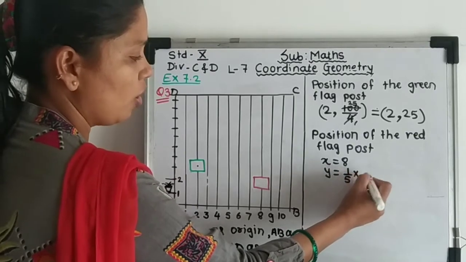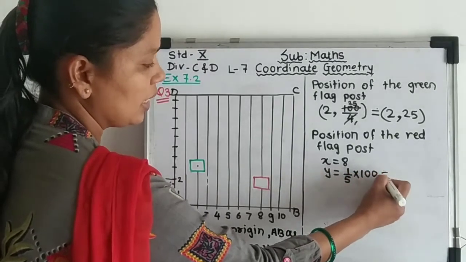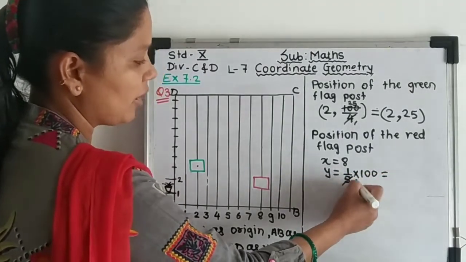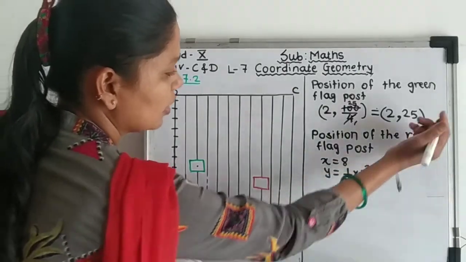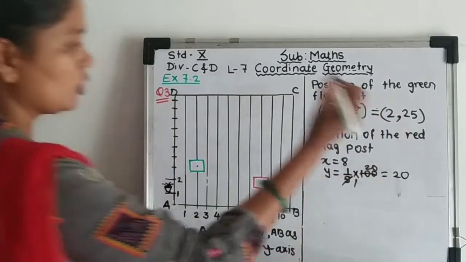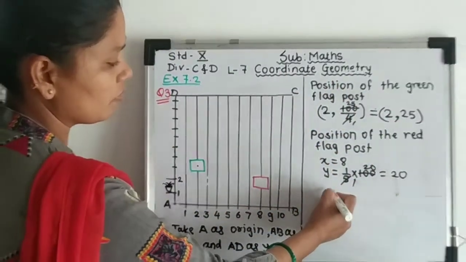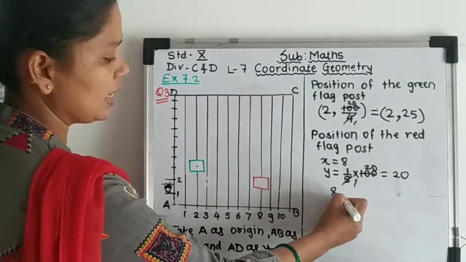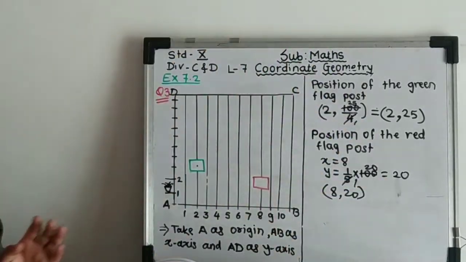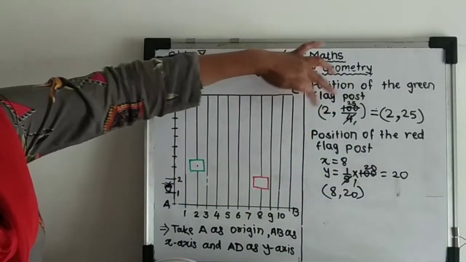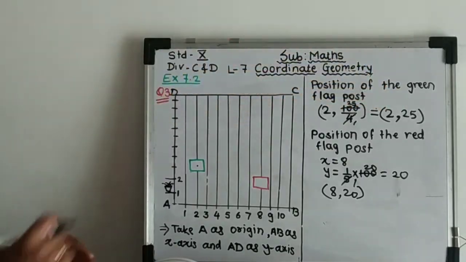So 1/5 of 100 means 5 twenties, so we will have here 20. Good. Therefore, x is 8 and y is 20. Is that clear? Understood? In this similar way, you can write over here also.